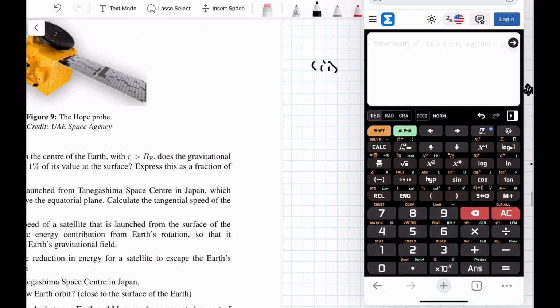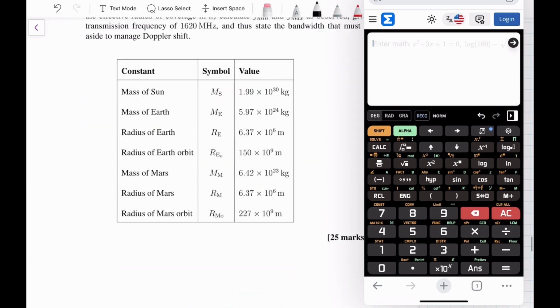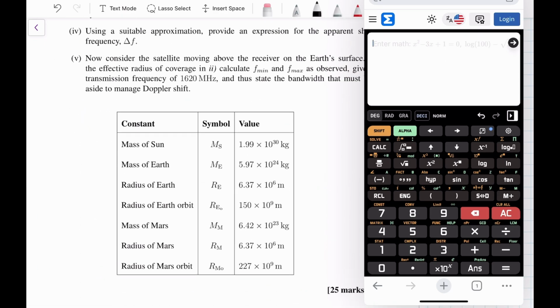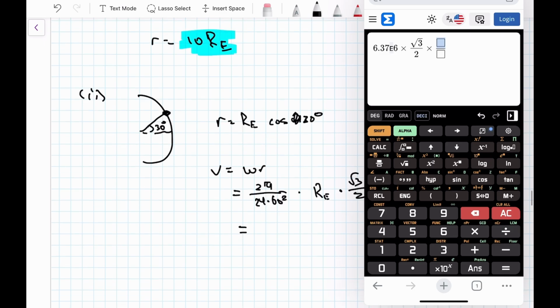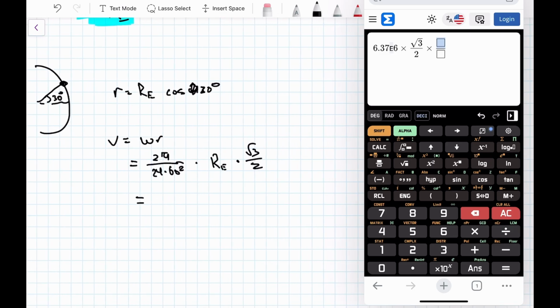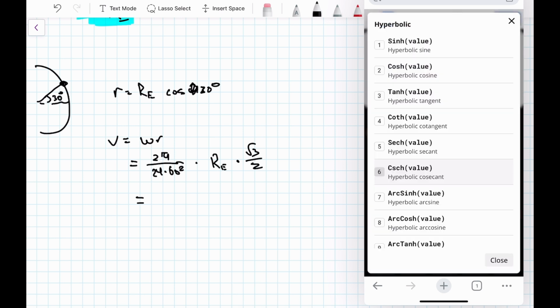Re is given as a constant at the end of the question. Over here it says 6.37 times 10 to the 6, multiplied by cosine 30 degrees. Just in case the calculator is not in degrees, say root 3 over 2, and then multiply by the angular velocity, 2 pi over 24 times 60 squared.